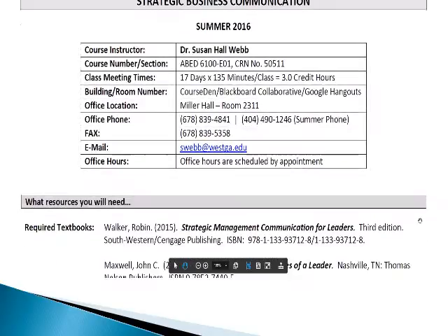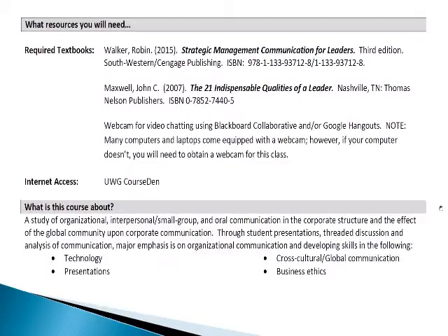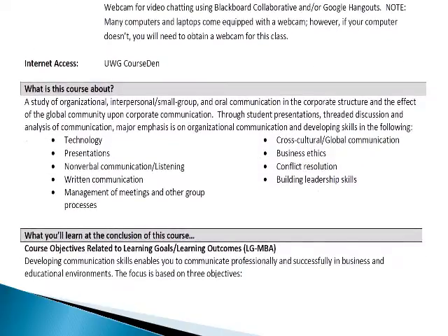So what you're going to need, I've already emailed you the different resources for this class. You're going to have 2 different textbooks, and we'll be starting with those right away, as I've indicated, and as you probably are aware. In a nutshell, you're going to be working with your strategic business communication skills through the use of our textbook and through other information that I'll be providing you.